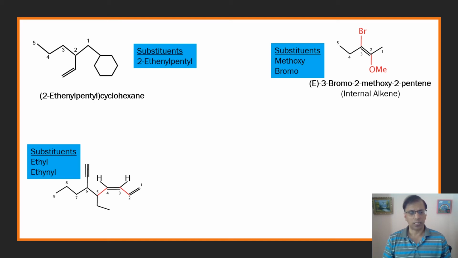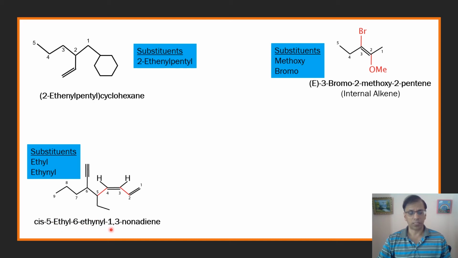Again, we'll be naming all the substituents in alphabetical order, and we will also make sure that we name the stereochemistry of the double bond and indicate the locations. This is a cis double bond, so it starts with cis, and then you have the locations of the substituents, 5-ethyl, followed by 6-ethynyl.